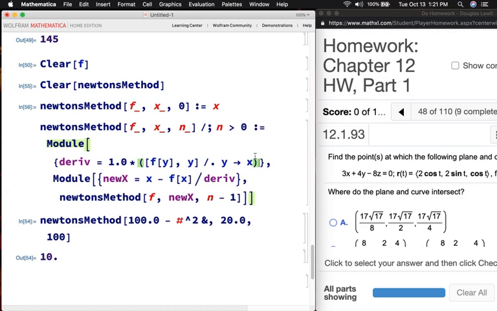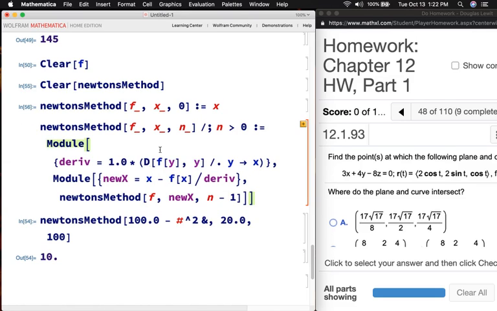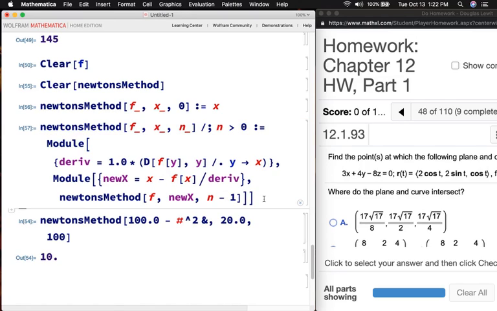By 1.0, and that should take care of the problem. There we go.